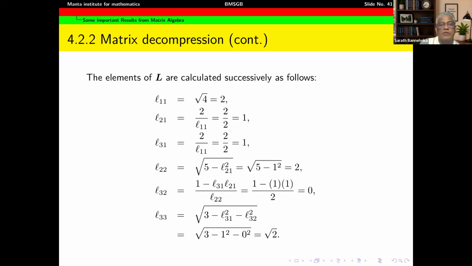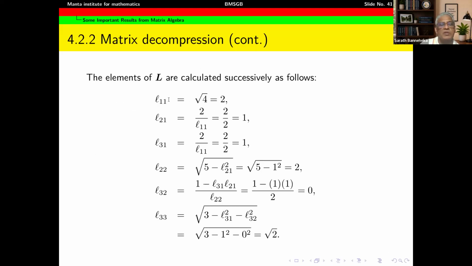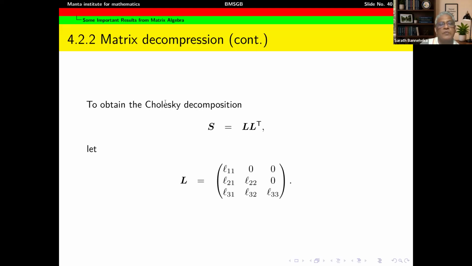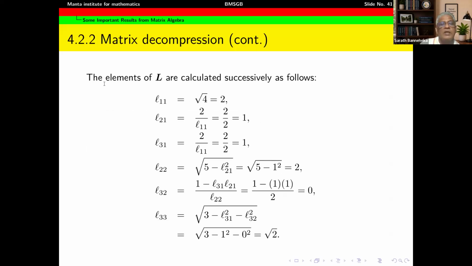So what I have to do is calculate L and L transpose, right? And then LL transpose, the first row, and you can equate the individual numbers, then we get this set of equations, right? Because LL dash should be equal to, first of all, first number should be 4, and like that.